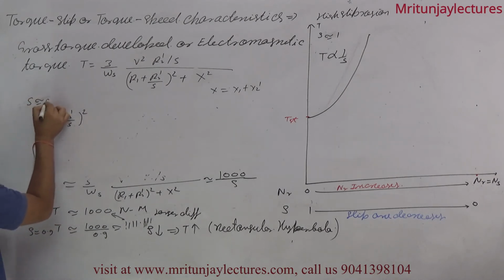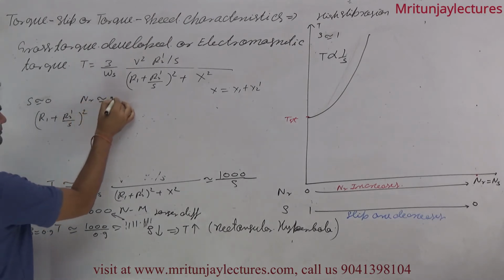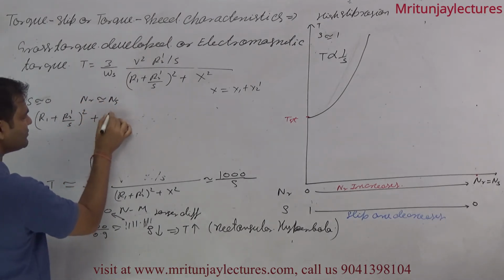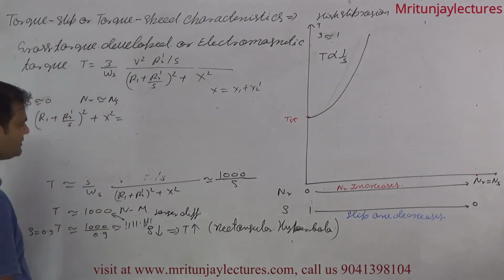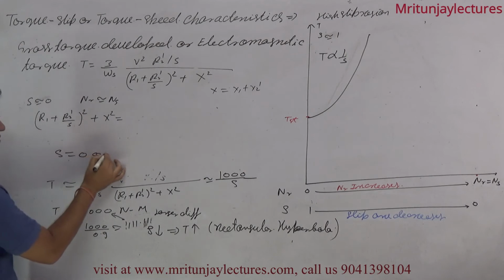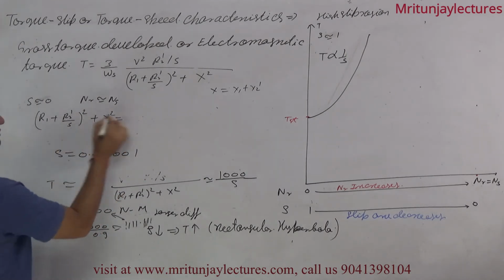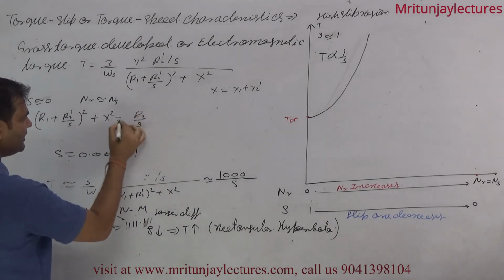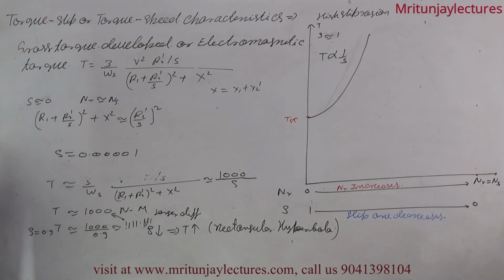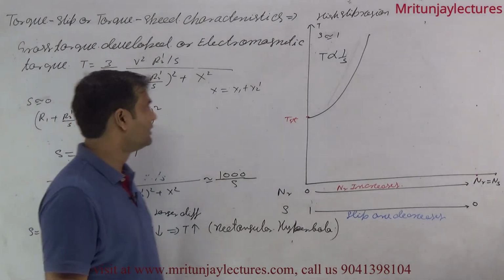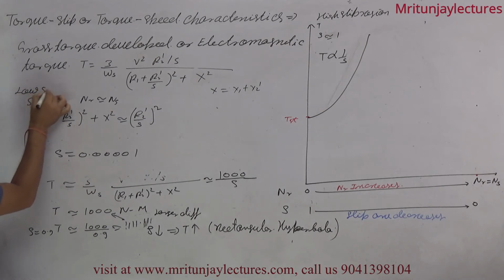If S is closer to 0, meaning NR closer to NS, plus X squared, equal to, if S is closer to 0, meaning S equal to 0.00001, then finally we write it like this, okay, clear? That is the low slip region.